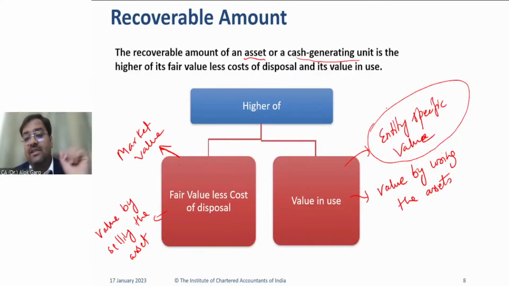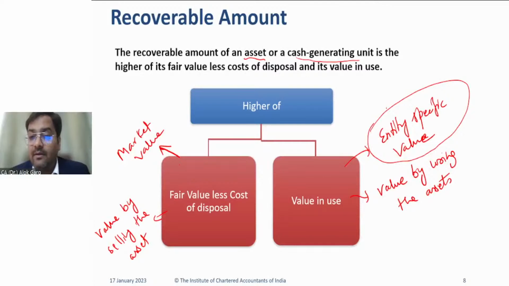So one CA charging 1,000 rupees, one CA charging 10,000 rupees. So this is entity specific value, because if that CA measures his assets by the value in use concept, his value in use is much larger than the value in use of that CA who is charging such a small amount.